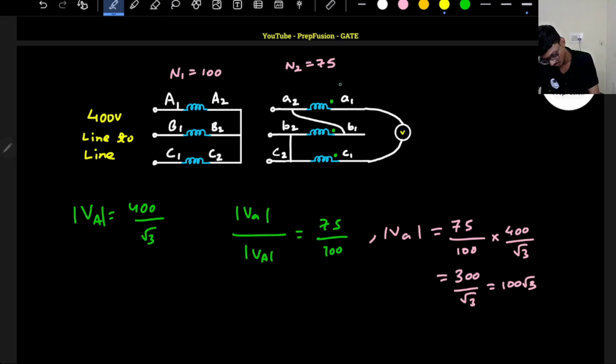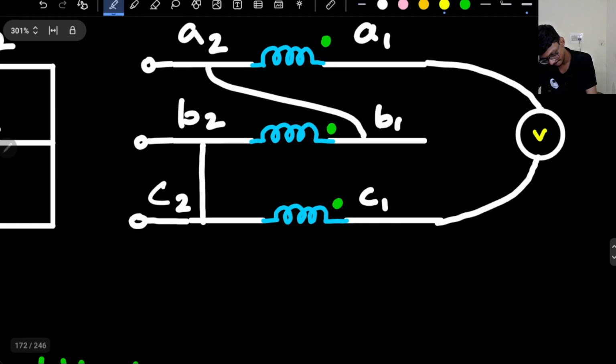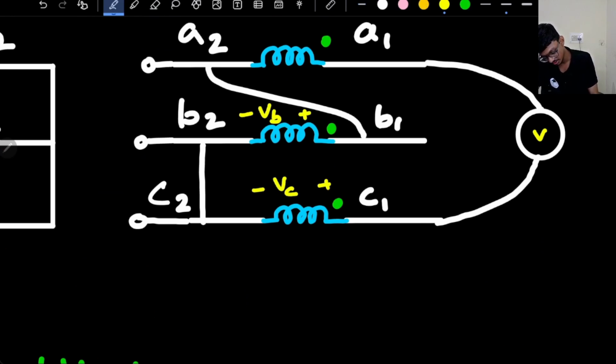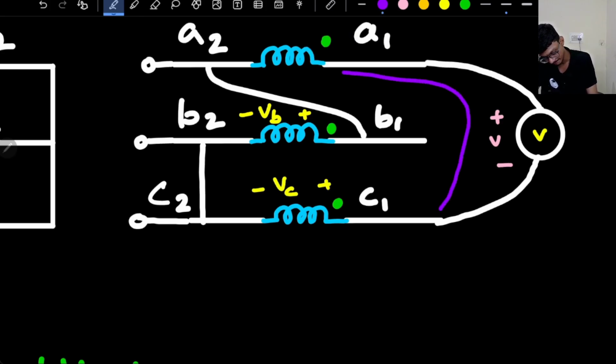So this will be plus minus VA, this will be plus minus VB, this will be plus minus VC. So my KVL will be somewhat like this, plus the voltmeter reading V. I'll start from here, go here, then go here, then again go here, and then end it here.